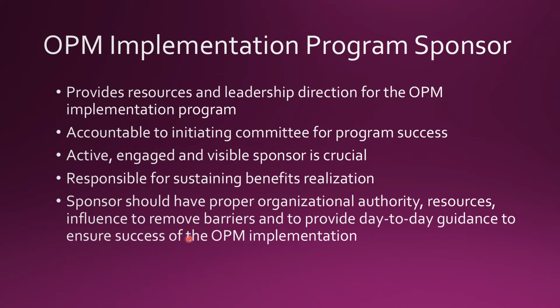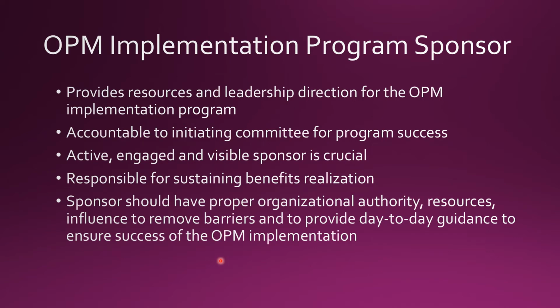Then we have the OPM implementation core team, right? The first role is the program sponsor. The program sponsor is a person who provides resources and leadership direction for the OPM implementation program. Accountable to the initiating committee for program success. He or she is actively involved, engaged, and is a visible sponsor, which is very crucial for OPM success.